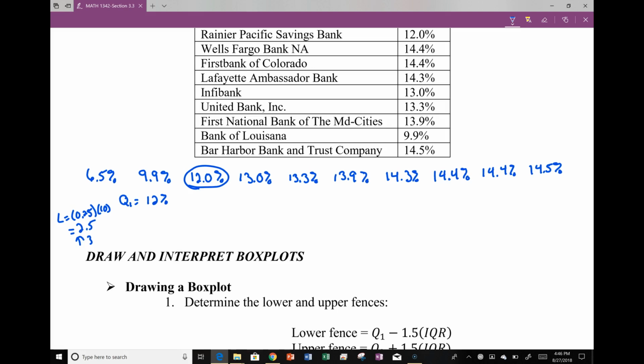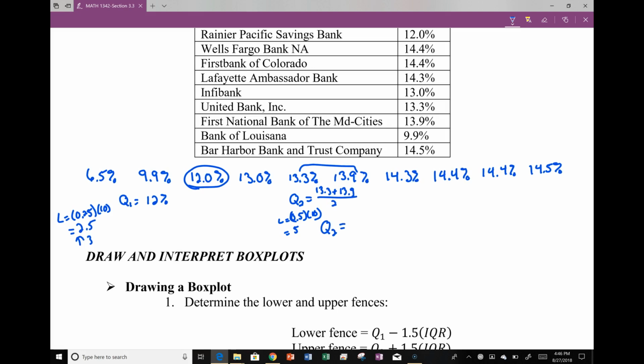My Q2, if I do the location, that's 0.5 times 10, which is going to give me 5. So that means I need to take the 5th and the 6th data value. 1, 2, 3, 4, 5, and 6. So that's going to be 13.3 plus 13.9 divided by 2.